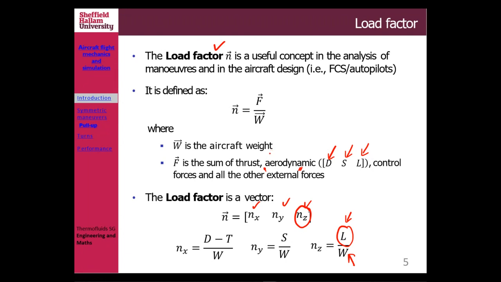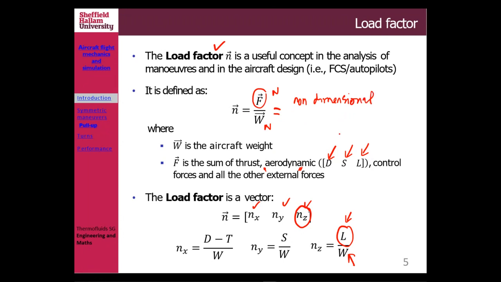Usually there's no unit for this, because force is in Newtons and weight is in Newtons, so we could consider it non-dimensional. But sometimes, in layman's terms, they use the unit G, or G force.